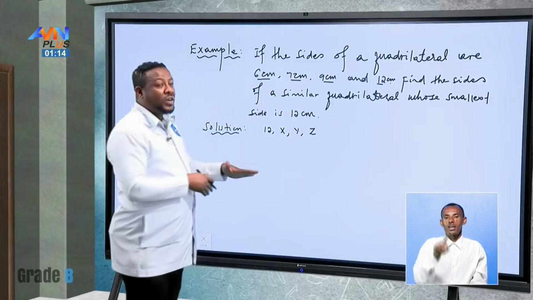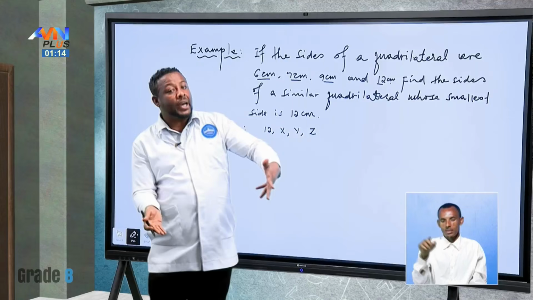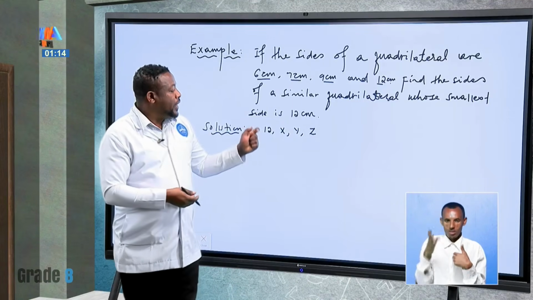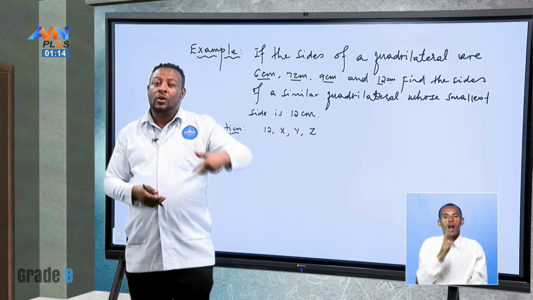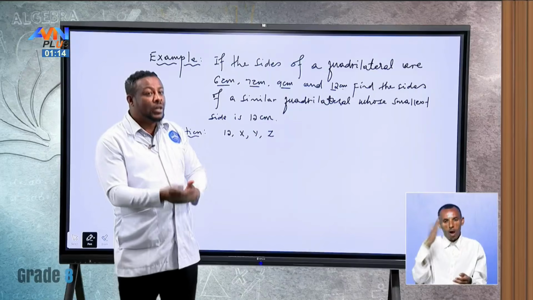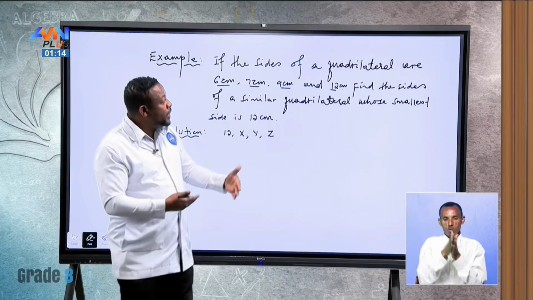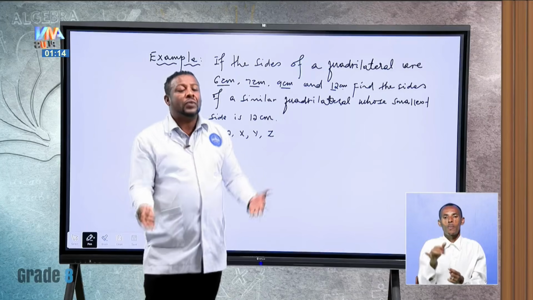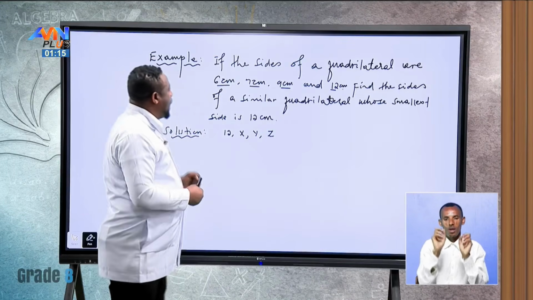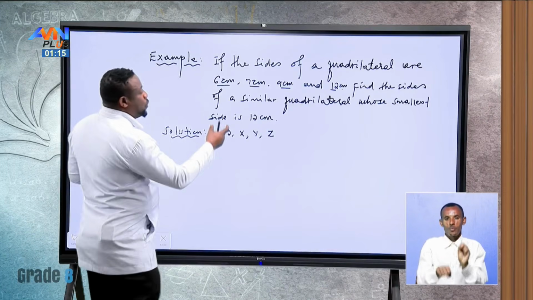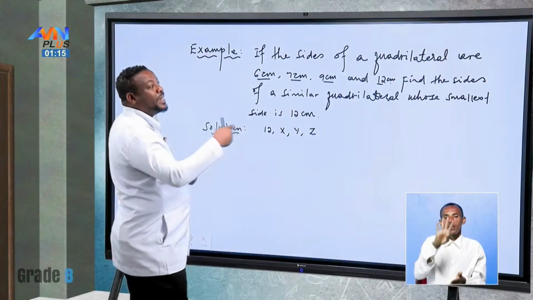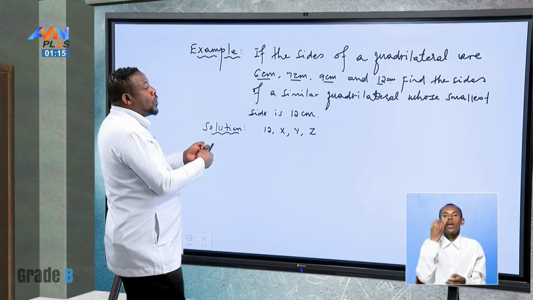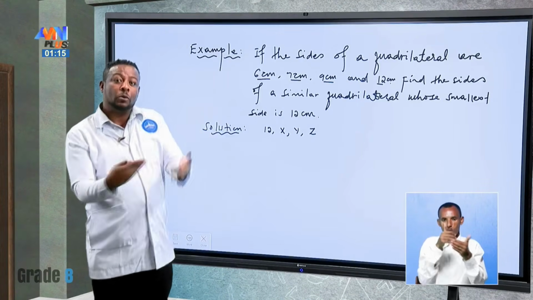Since it's a quadrilateral, we need to have 4 sides. So if these are the sides of the unknown quadrilateral, we need to apply the second condition for similarity of a quadrilateral. So these two quadrilaterals are similar if the ratios of their corresponding sides are proportional.